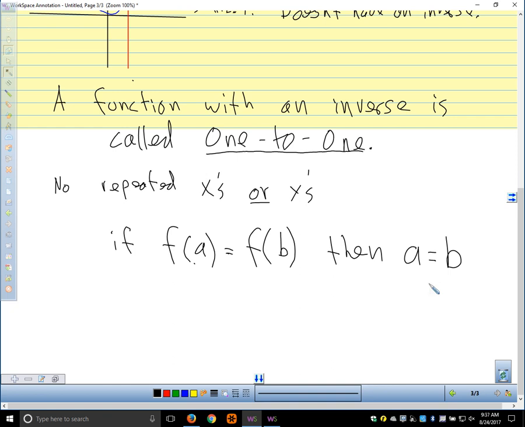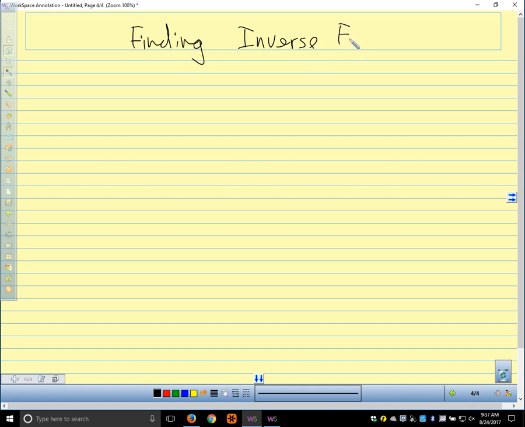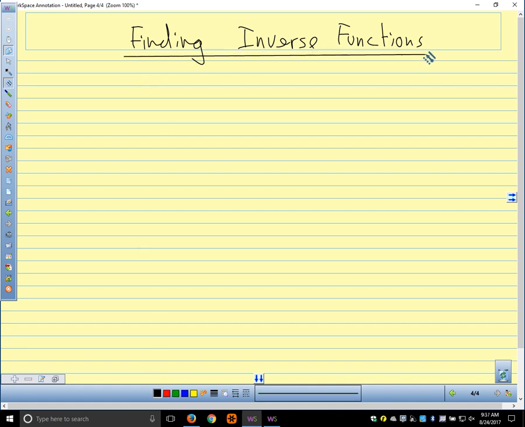Okay, last thing for today. If we have a function, we want to be able to find an inverse. Finding the inverse functions of particular functions is kind of an important thing in math.